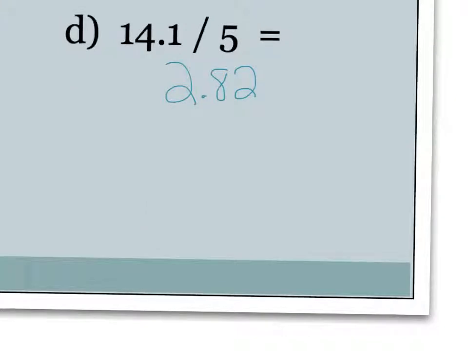The last part of Math Boot Camp for today is Example D, a division example with significant figures. Example D says 14.1 divided by 5. If we were to do that math, we would get 2.82. But we need to round this so that it has the correct number of significant figures. If we look at our two numbers involved, 14.1 has three significant figures, while 5 only has one.